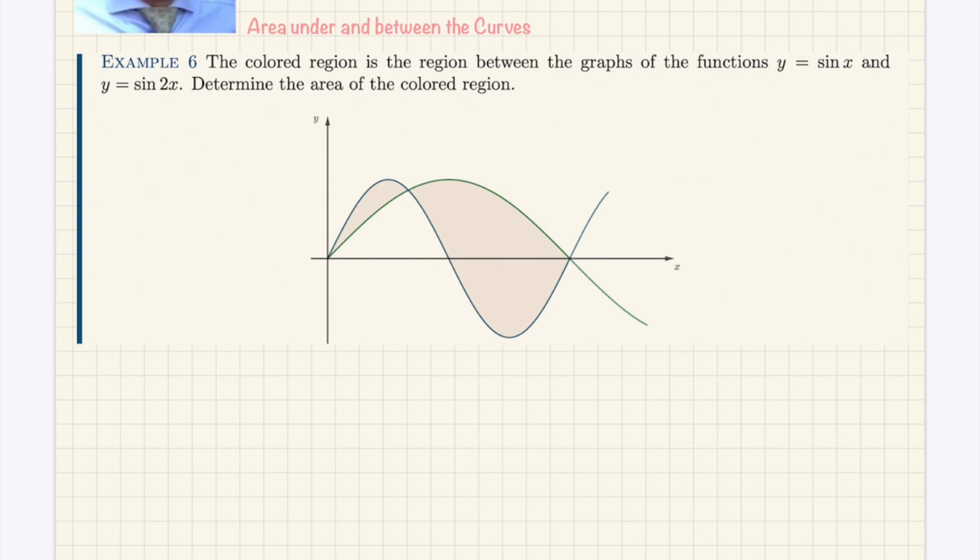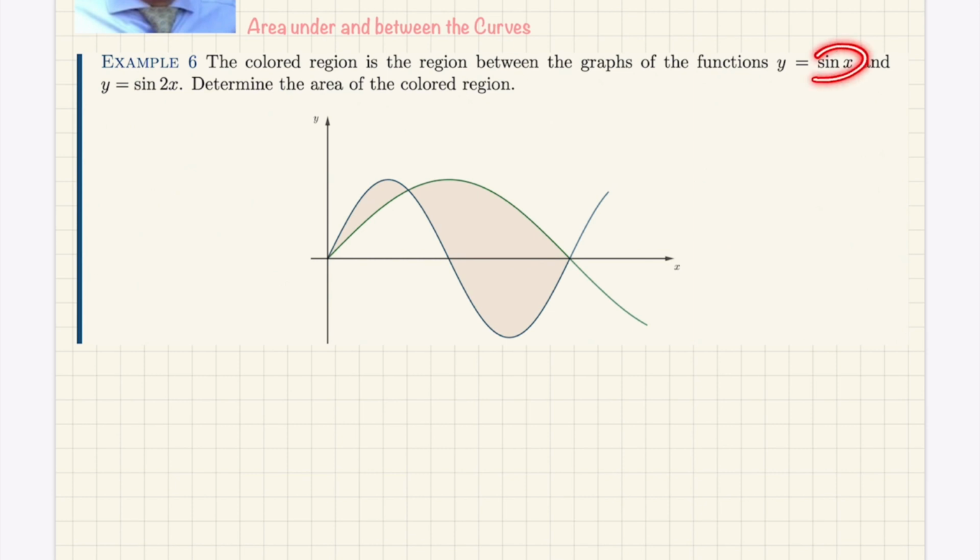I would say no. Any other opinion? Y equals sine 2x has a faster... What was the name of the terminology that you insist to use? Periodicity. Yes, period.